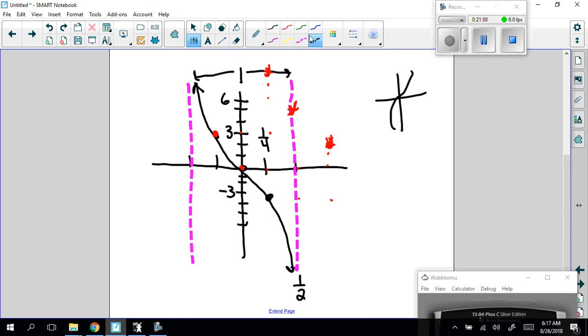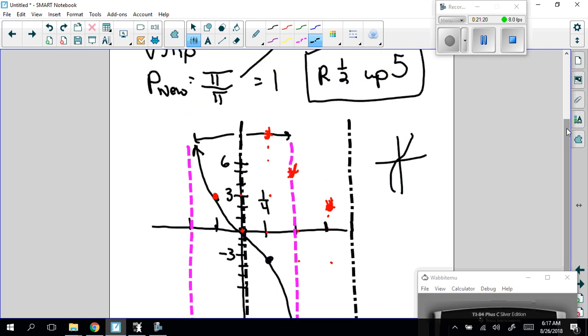Take the verticals and slide them over 2. Take this vertical, slide it over 2, and then your graph looks like that. See, the shift left, right, up, down is the hard part. And you just kind of lose track of where you went.